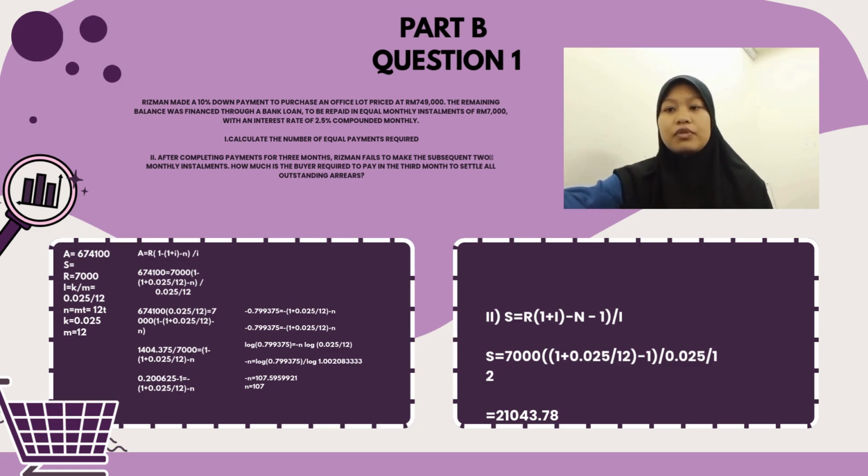And then we use the formula A equal R bracket 1 minus bracket 1 plus I bracket power minus N bracket over I. And then we substitute the values into the formula, which is A 674,100 equal R 700 bracket 1 minus bracket 1 plus 0.025 over 12 bracket power minus N bracket over 0.025 over 12.